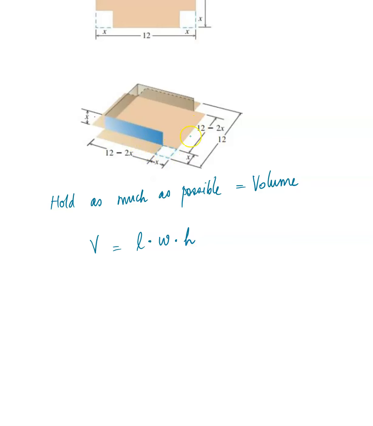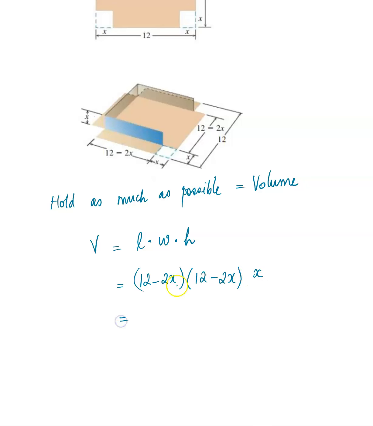We have the length and the width to be the same because it was a square tin, but the height would be how high it is bent up, because we bent the sides. The bent sides would be a height of x, as you can see, because that was the edge that was cut off. So the length will be 12 minus 2x. The width will be 12 minus 2x, and the height will be an x.